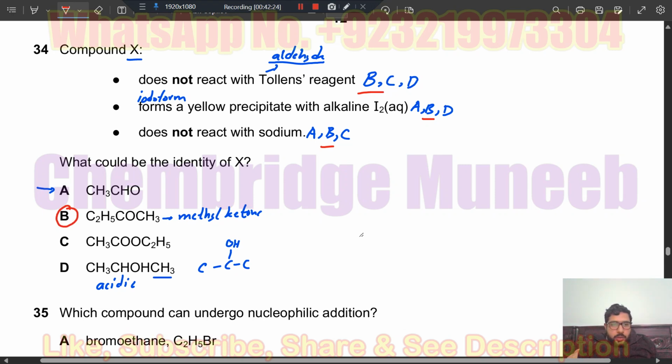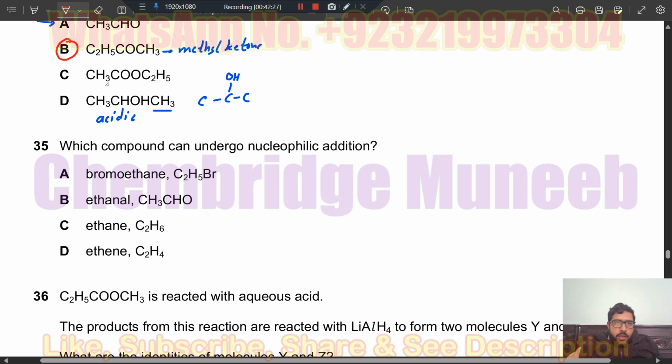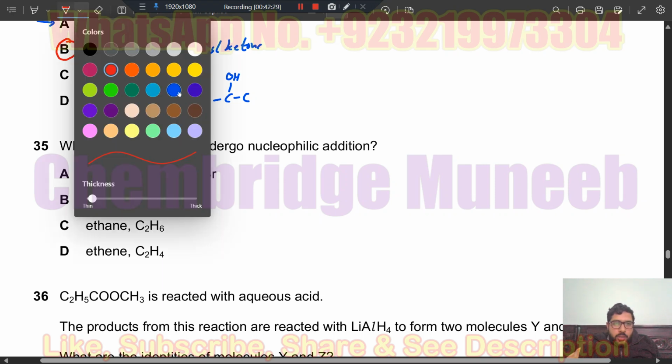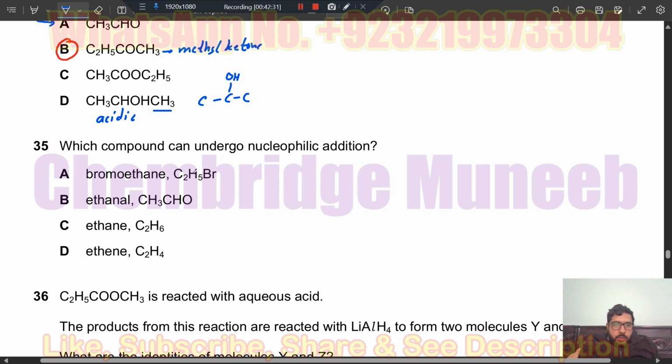Now question number 35, which compound can undergo nucleophilic addition reaction? So basically we have to know which reactions are able to do that. It can give free radical substitution.